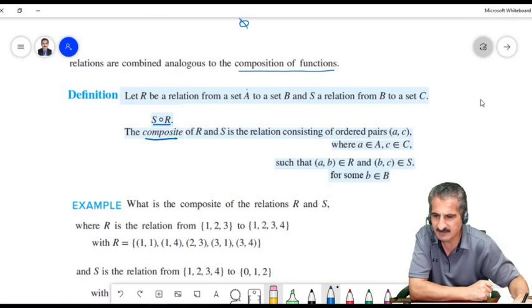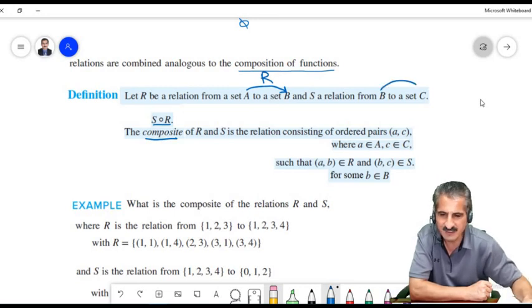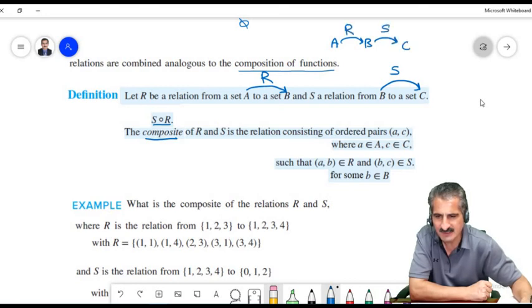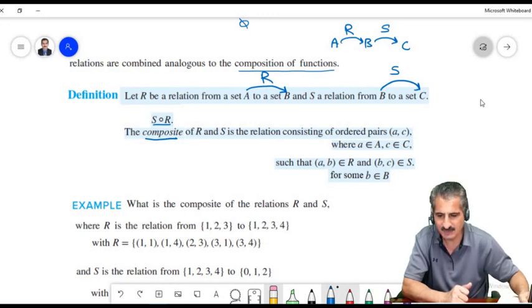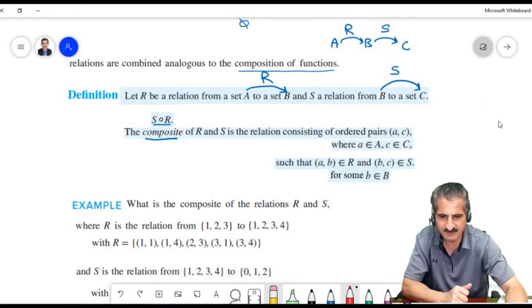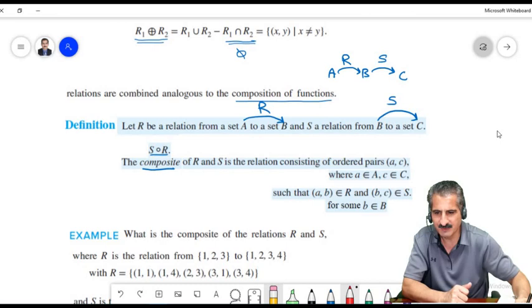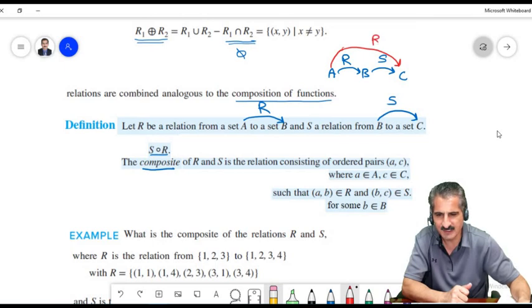A relation R is from A to B. A relation S is from B to C. So we have A going to B, going to C, and this is R, and this is S. Now we apply R, then we apply S. Jumping from here to here is applying R first and then applying S.